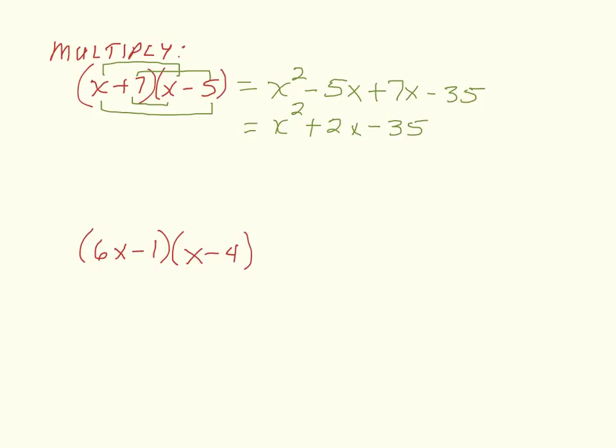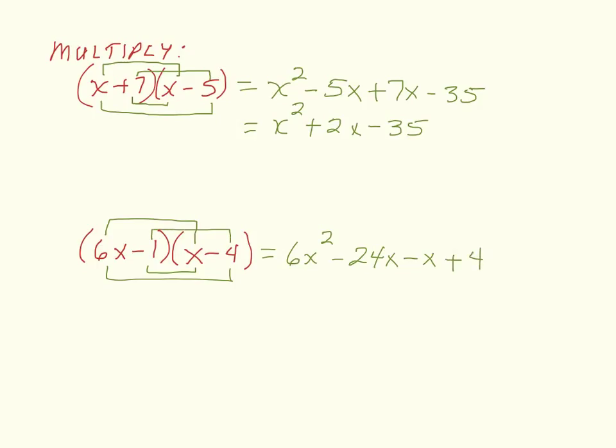Okay, let's FOIL again. First times first gives us 6x squared. Outer gives us 6x times negative 4, that's minus 24x. Inner is negative 1 times x, that's minus x. Last is negative 1 times negative 4, that's plus 4.